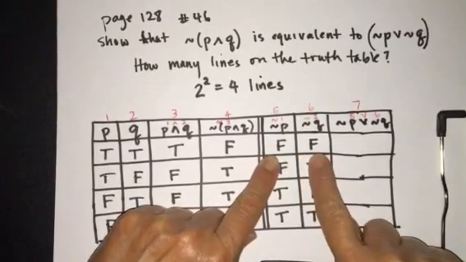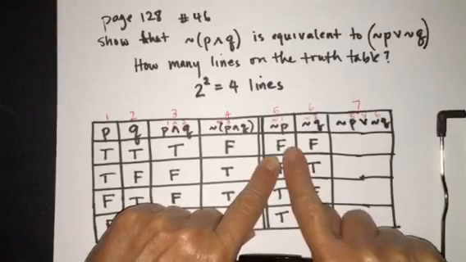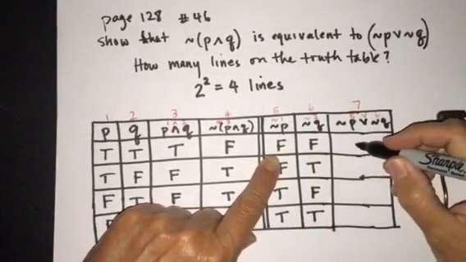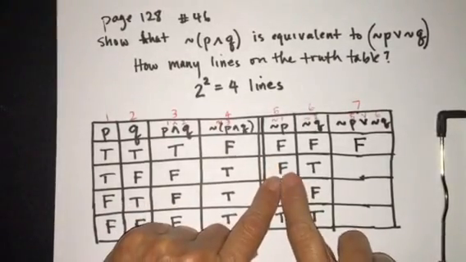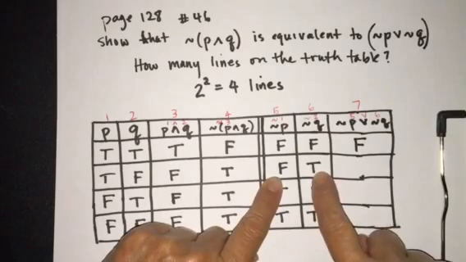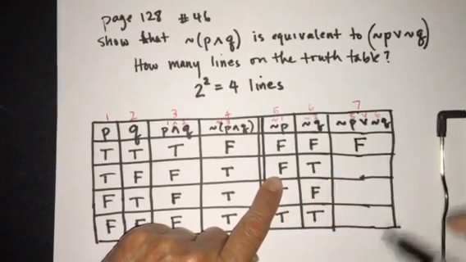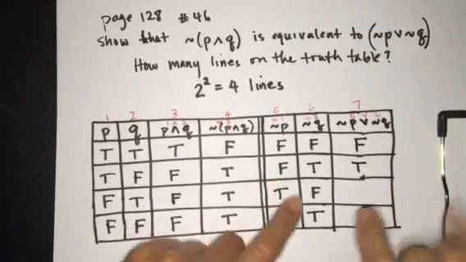On the first line, both statements are false. We did not go to Blue Bayou. We did not go to the movies. So we broke the promise. That's an F. On the second line, we did not go to Blue Bayou. We did go to the movies. So we will go to Blue Bayou or we will go to the movies. Well, that's true. We went to the movies.